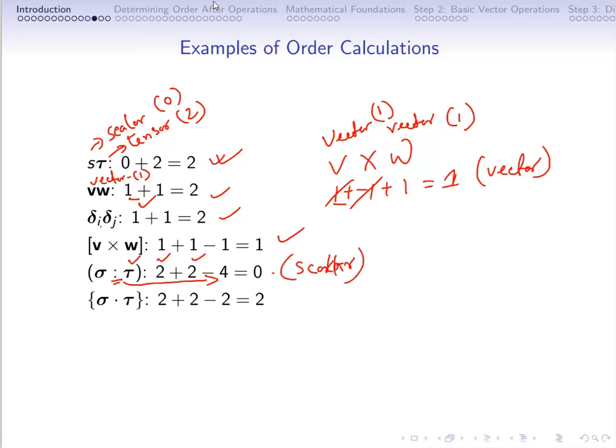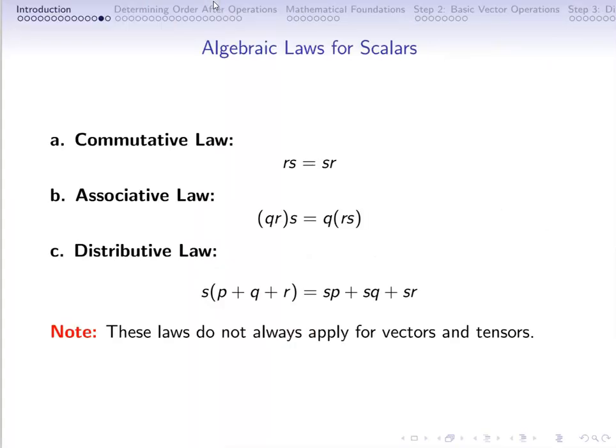Now sigma dot tau, this is second order, tau second order, 4, and because of the dot -2, so that is 2, so it is a tensor. So I hope you know how to multiply, and after the operation what will be the final order. Based on that you can specify whether it is scalar, vector or tensor.